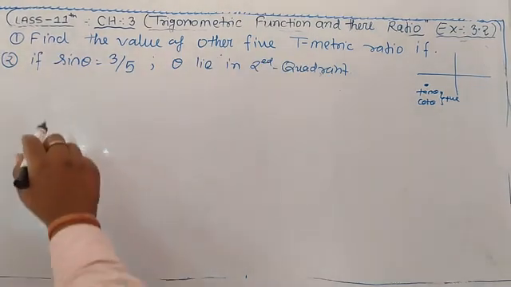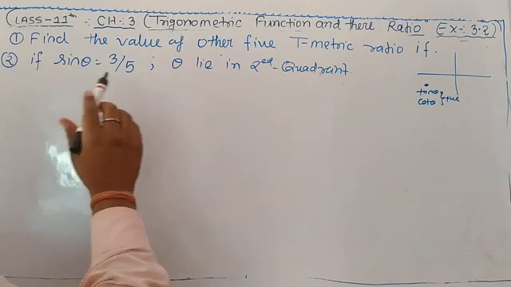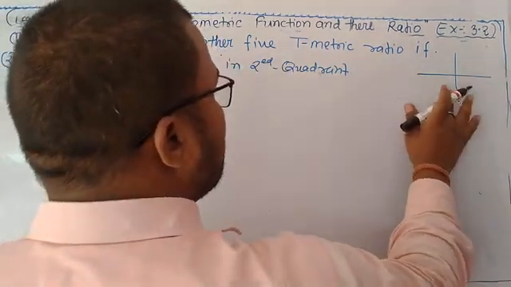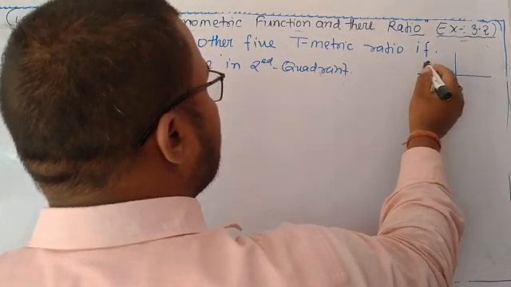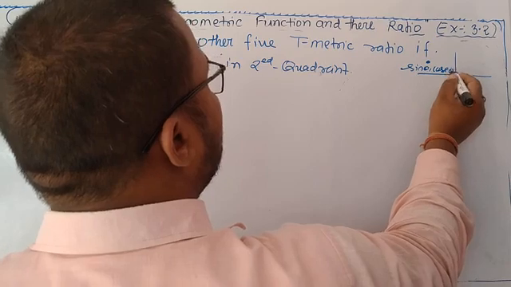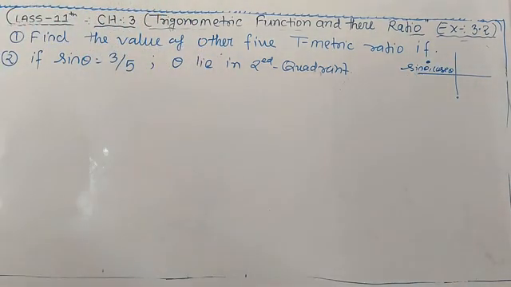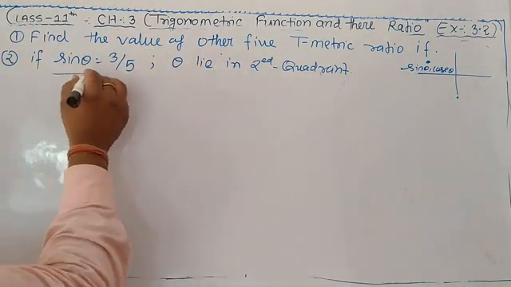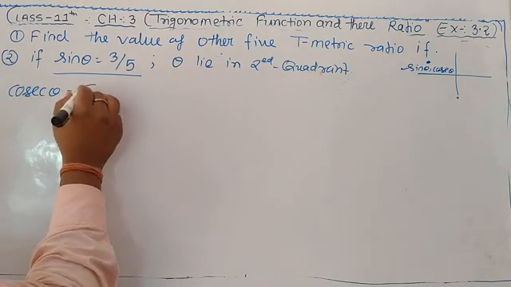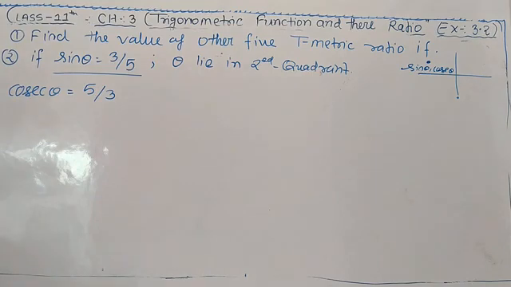Next example, if sine theta is equal to 3 by 5 and theta lies in the second quadrant. If theta lies in the second quadrant student, then sine and cosec positive, other negative. Sine theta is equal to 3 by 5, then cosec theta is equal to 5 by 3.